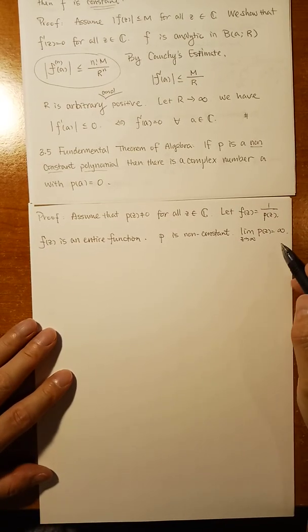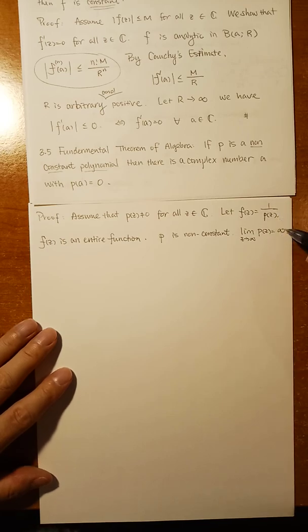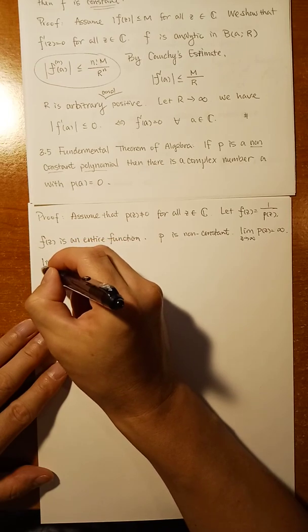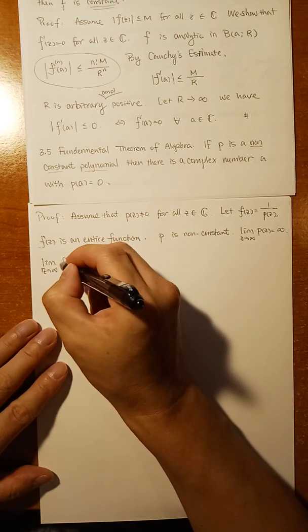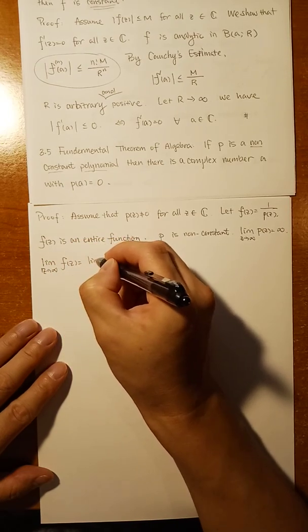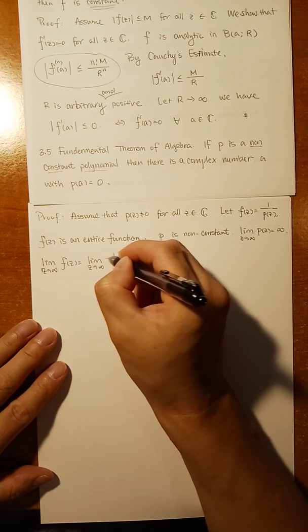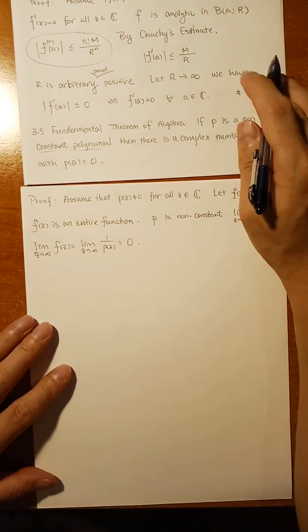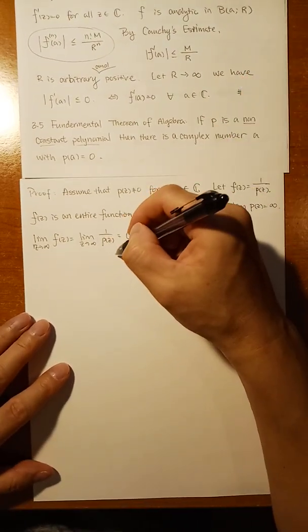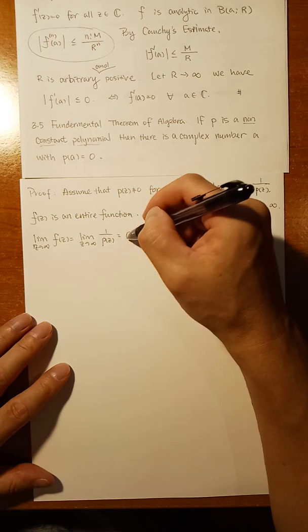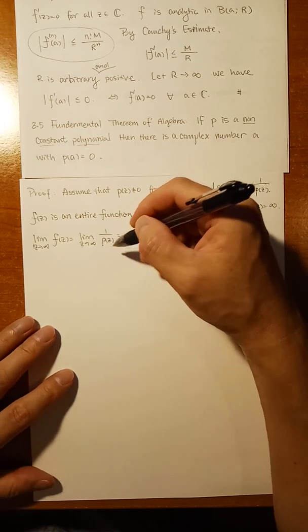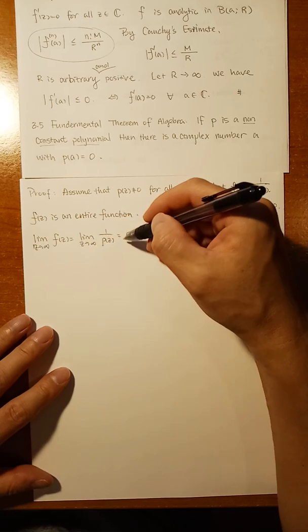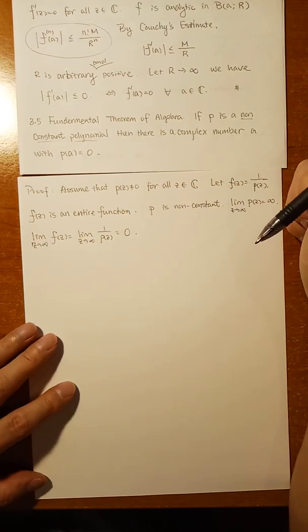All right, if the magnitude approaches infinity, 1 over infinity is 0, so the limit as z approaches infinity of f of z, which is the limit of 1 over P of z, is 0. This makes sense. Each denominator is now nonzero, but they become bigger and bigger as z approaches infinity. So the reciprocal goes to 0.